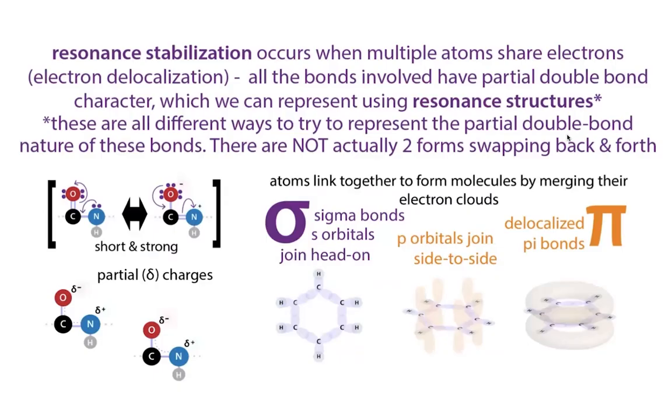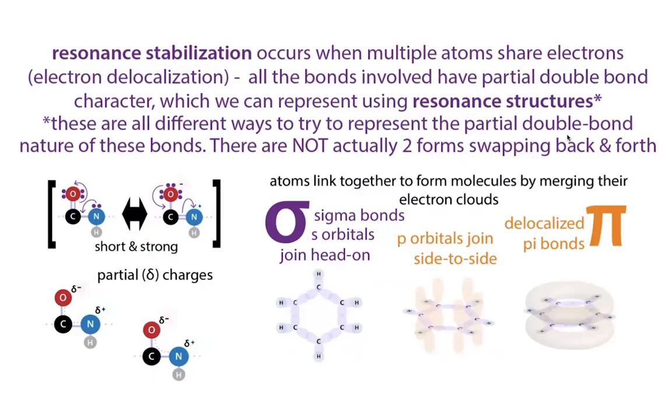So remember that resonance is basically where you have electron delocalization in a pi system. And if you remember back to your chemistry classes when you were drawing all those orbitals, pi bonds are going to involve those p orbitals. And those p orbitals are those ones that look kind of like hourglasses, and they're going to stick up above and below the plane where you have those single bonds.